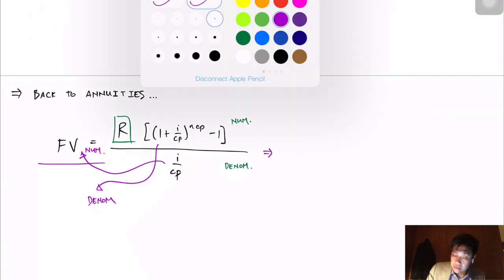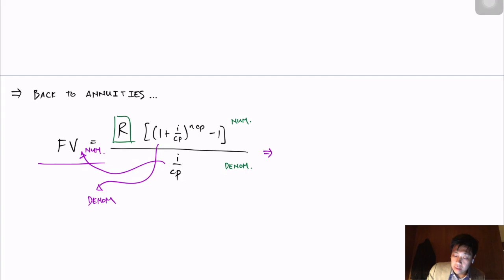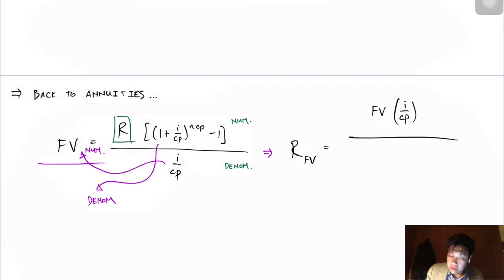is the following. I'm going to put R sub FV, R sub future value, so you know which one we're talking about. And it's the future value times I over CP, and then that entire numerator now in the denominator, 1 plus I over CP, and CP minus 1.